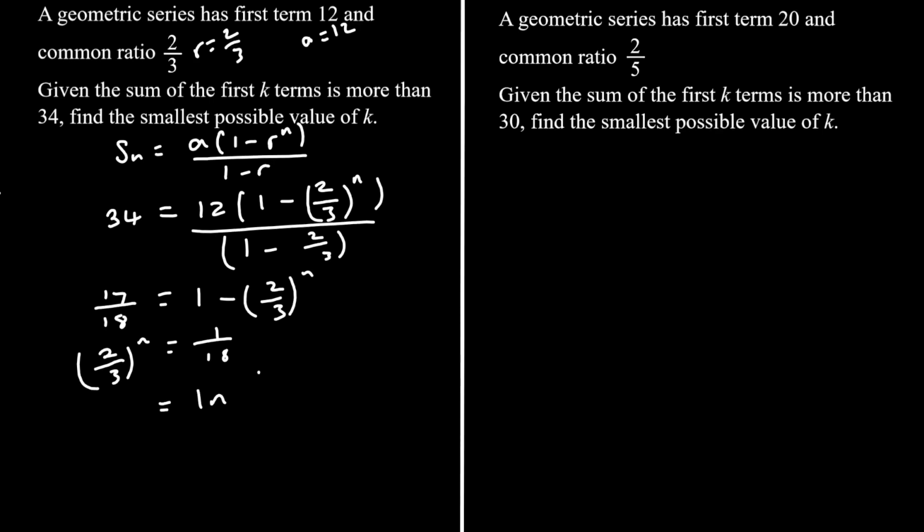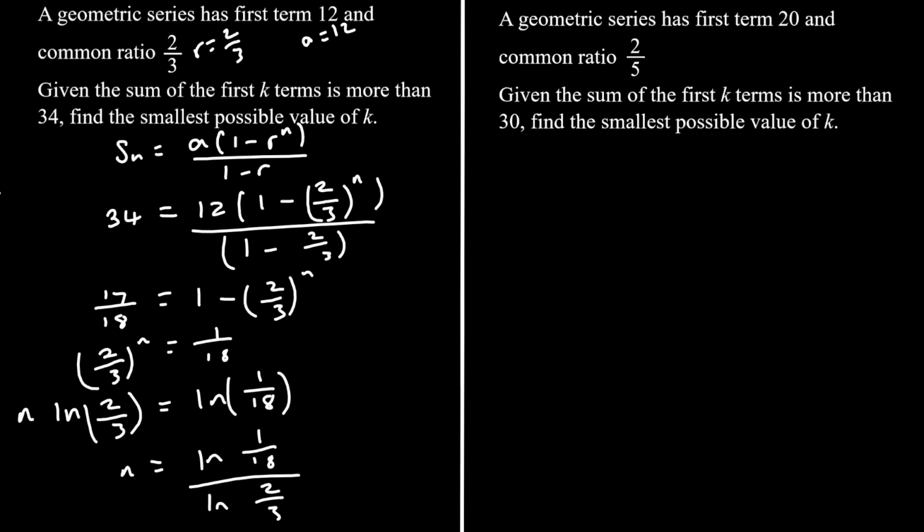So log 1/18 equals log 2/3 to the power of n, and the n jumps to the front. So n times log 2/3. Then to get n by itself, we're going to do log 1/18 divided by log 2/3.